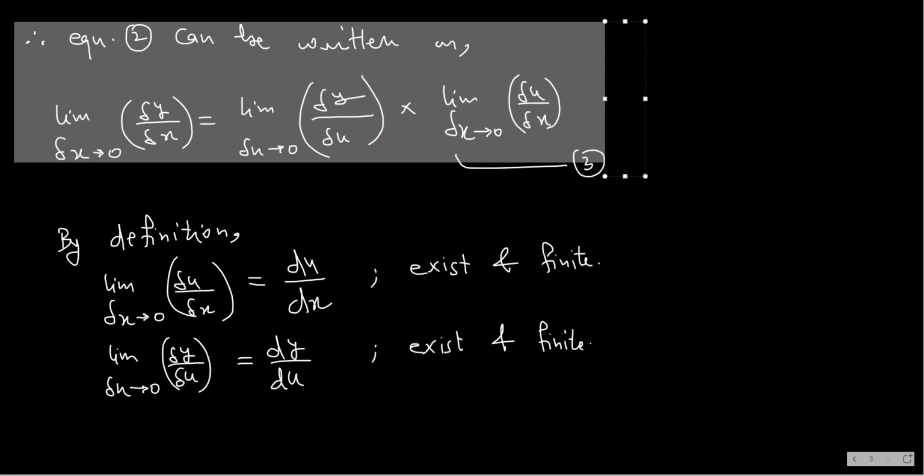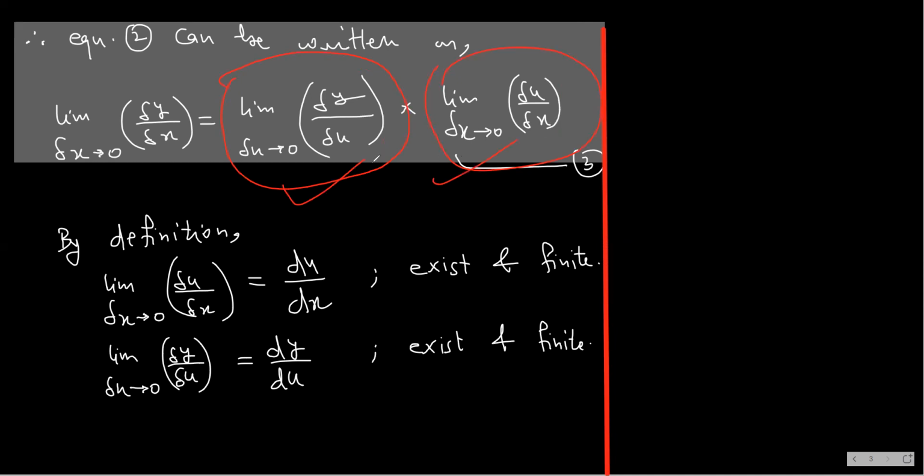I'm sorry if I said it otherwise. I repeat it again. If all the limits on the right hand side of this equation 3 exist and they are finite, so definitely, since we have an equal to sign, the limit on the left hand side will also exist and it will be finite.